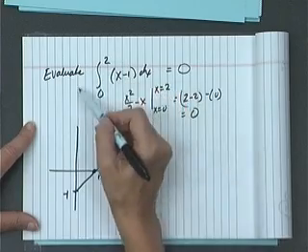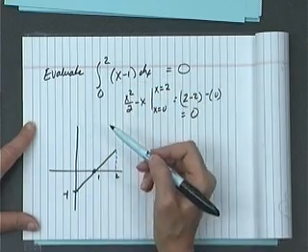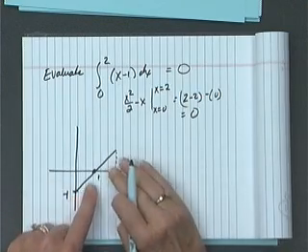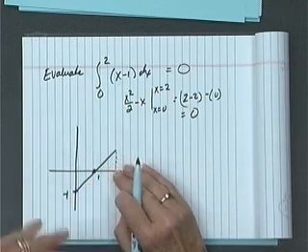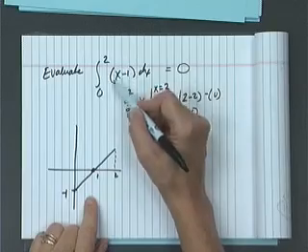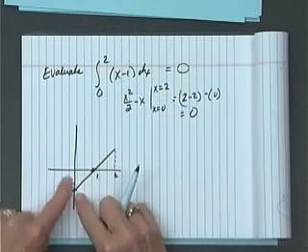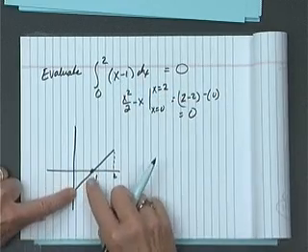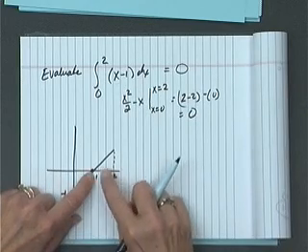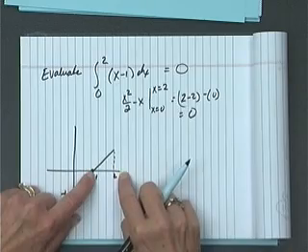So when we evaluate a definite integral, it's not taking into consideration if the curve is really up above the x-axis or below the x-axis, because you're summing up y values, and all the y values from x equal to 0 to 1 are negative, and all the y values from 1 to 2 are positive.